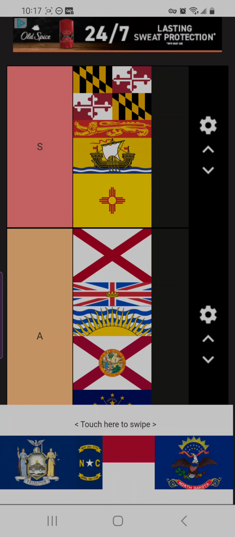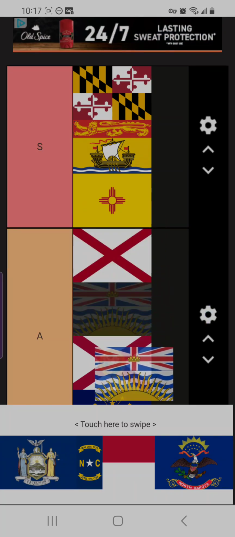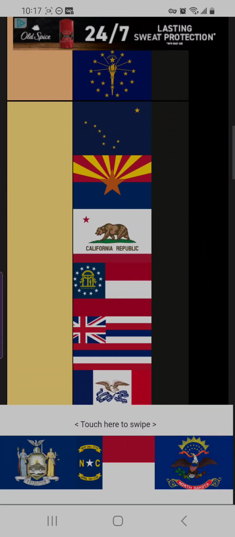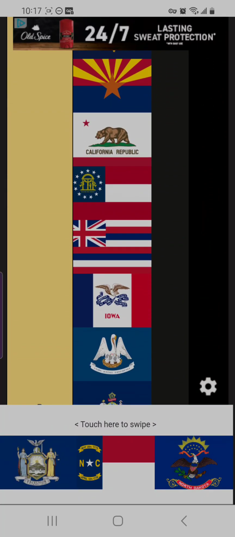New York. New York is kind of the same way as New Jersey. It has the same setup, but it has a dark blue background, which makes New Jersey's better in the background thing. But their shield is way better than New Jersey's.